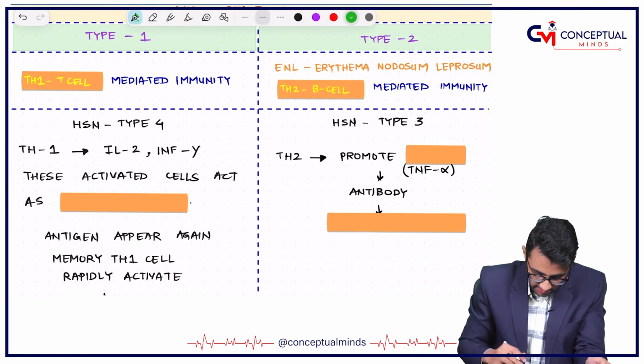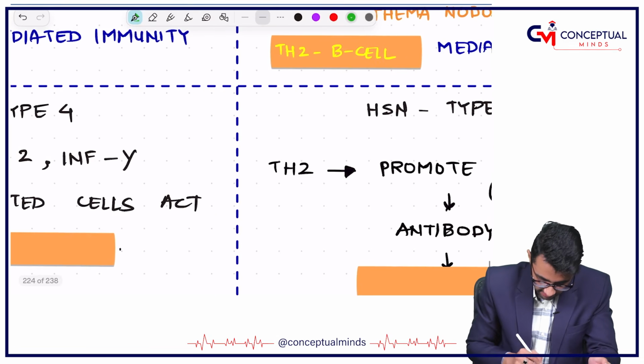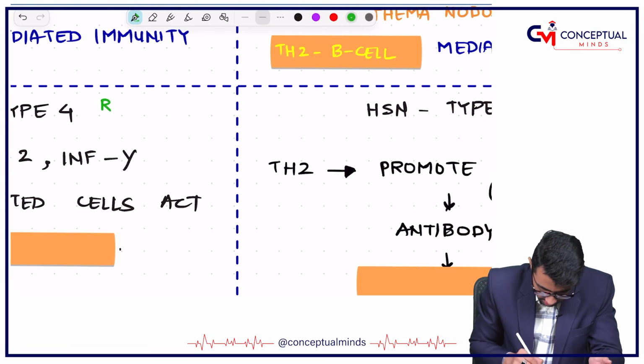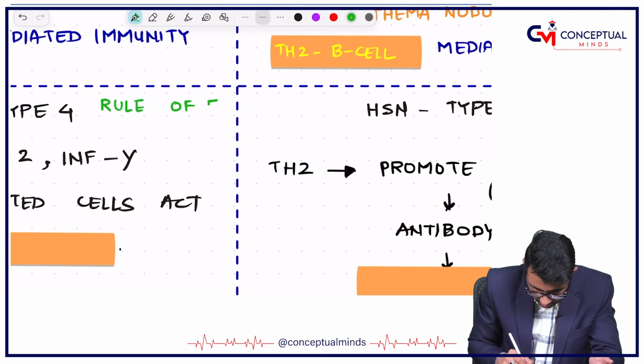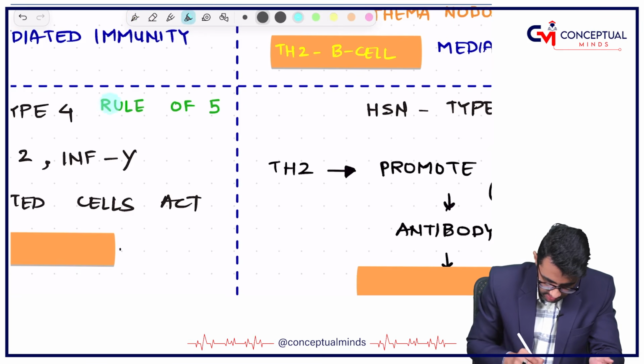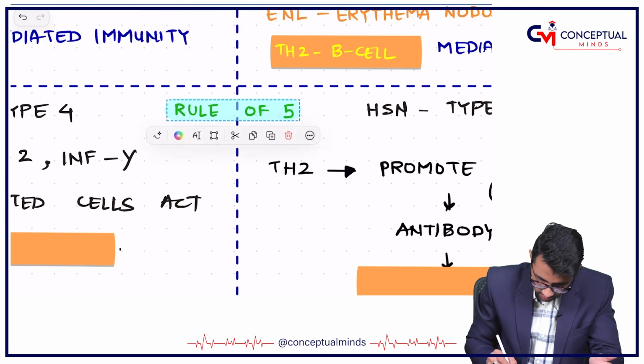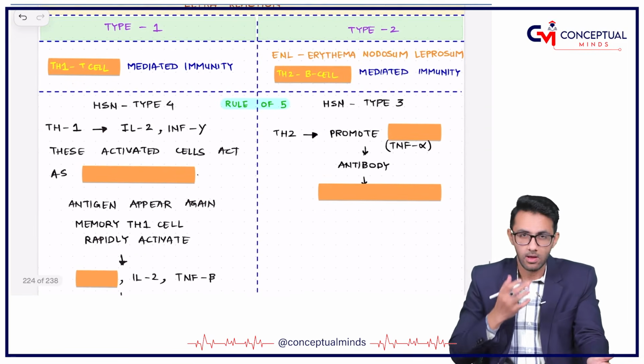What did we just learn about? We just learned about the rule of 5. This is pretty important, and it goes for both of these. Rule of 5.